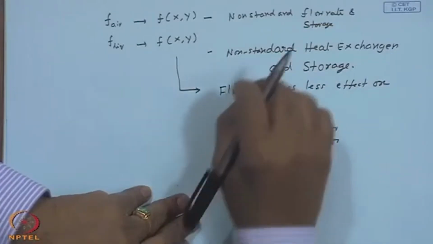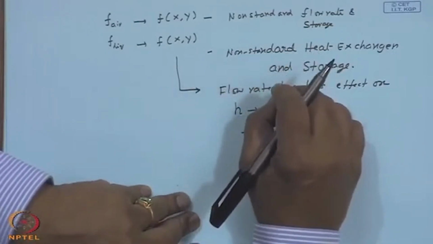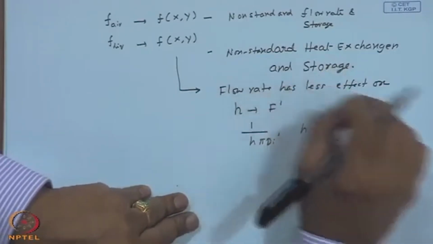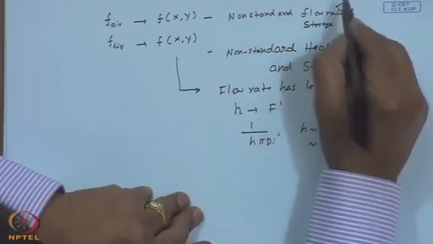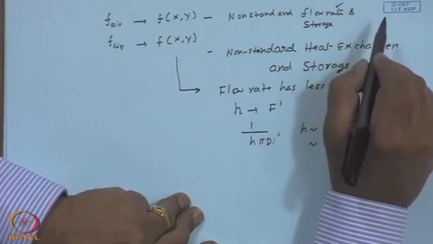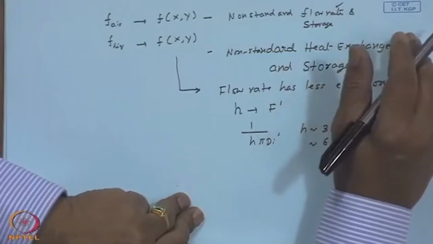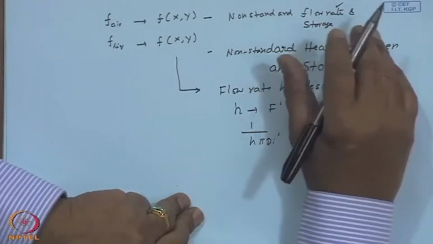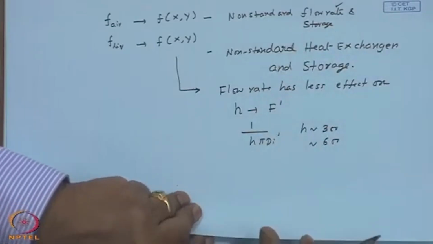Consequently, the flow rate of the liquid system does not make much difference in f dashed, whereas for air systems flow rate is an important thing, and the correlation is standard for 10 liters per second per meter square of the collector area. For other flow rates, we need to have the correction. So, that is the philosophy in providing a correction for the flow rate for air based systems, and such a correction has not become necessary for the liquid based systems, since the convection resistance in the case of liquid based collectors is quite small.